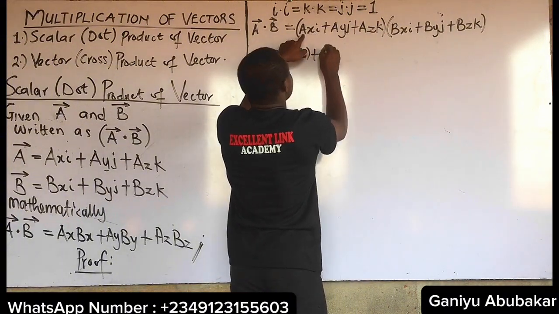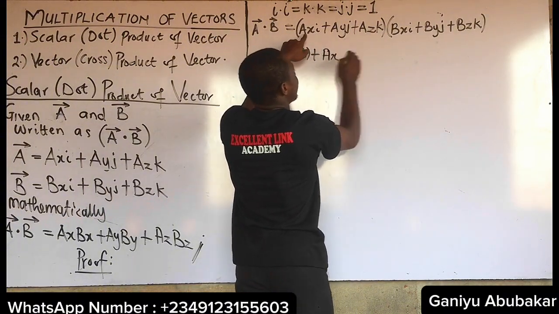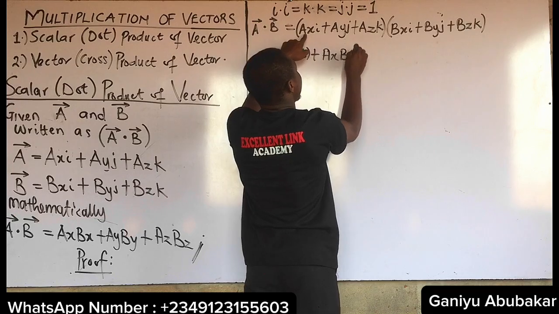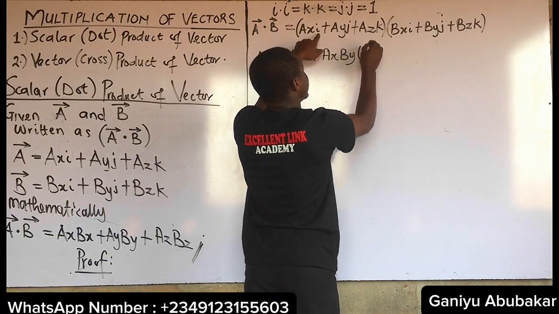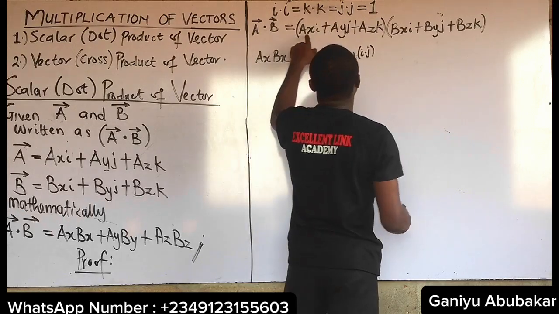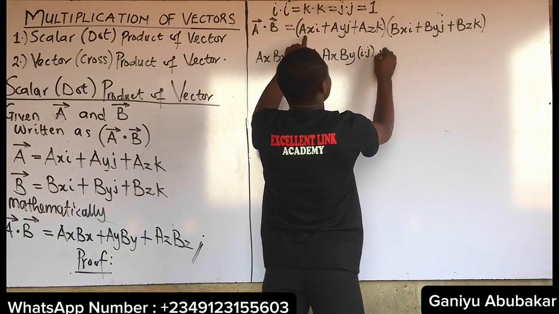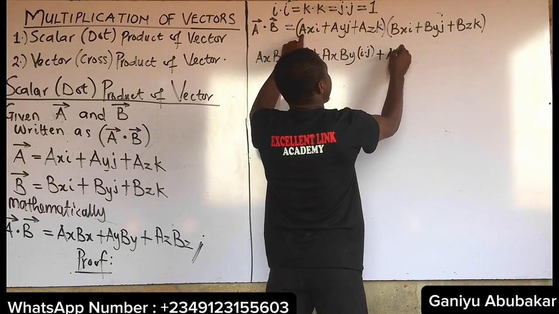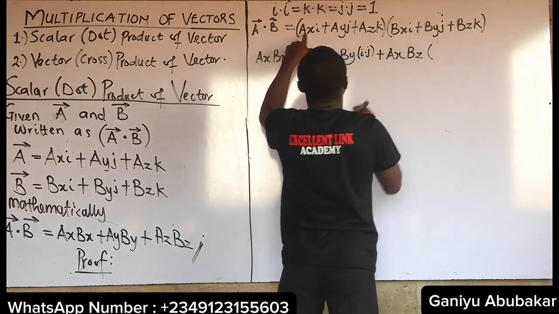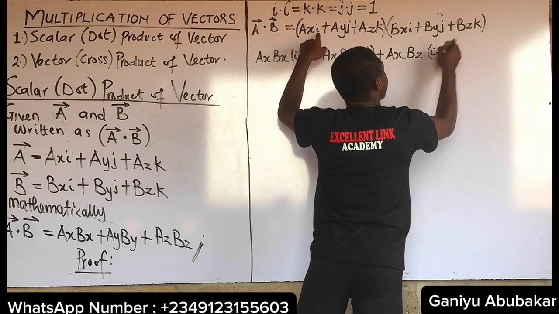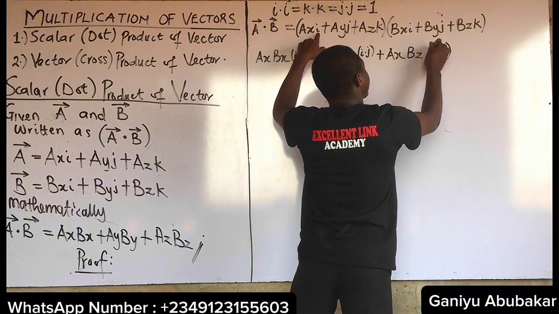I'll have AX BY, with i and j combining. Next, multiply this one with this: plus AX multiplied by BZ into i dot k.